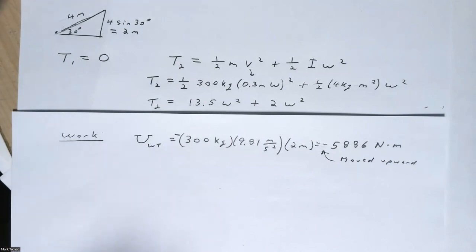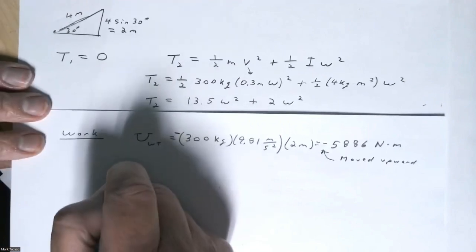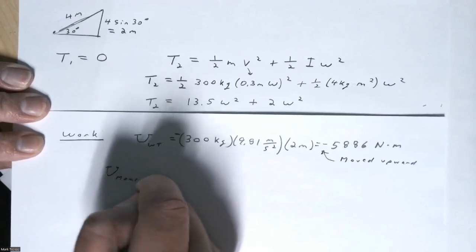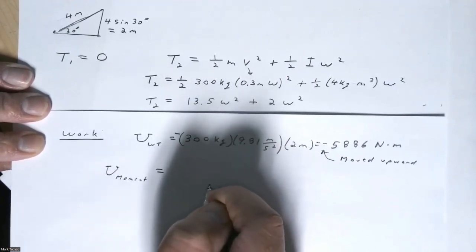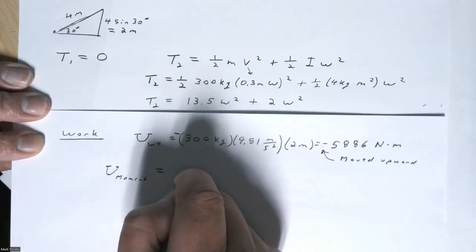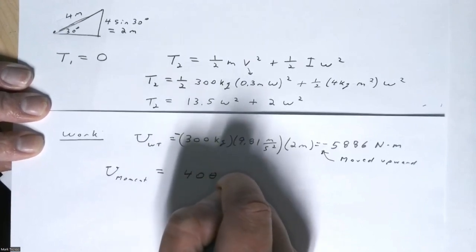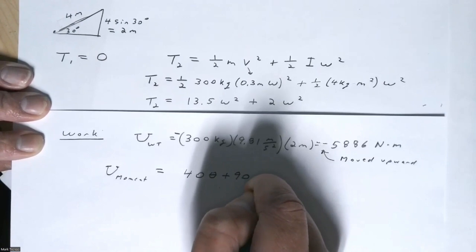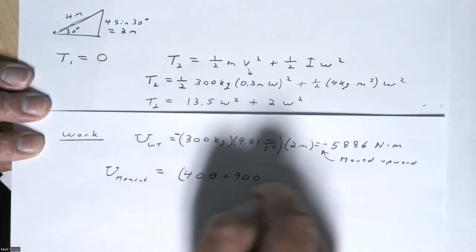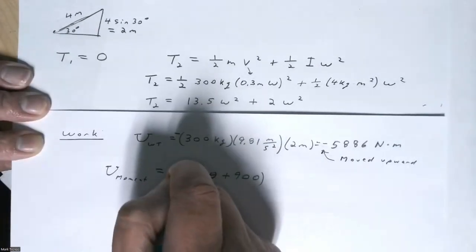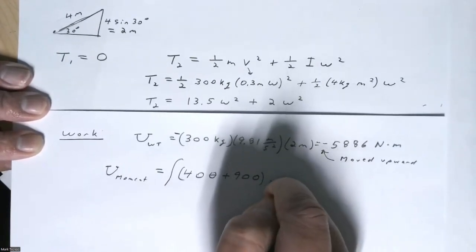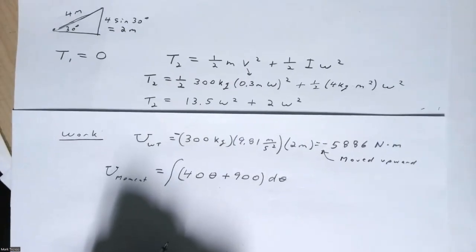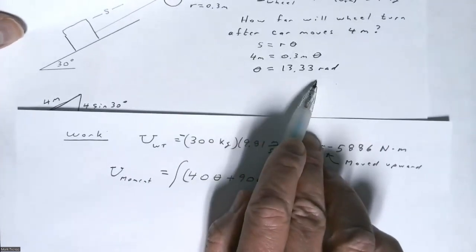And then we're going to have the work of the moment. Now, this time, again, the moment was not constant. It was 40 theta plus 900. Excuse me, plus 900. And so you can either put in the equation integrated or integrated here, d theta. And so now, remember, we determined that the wheel turned 13.33 radians.